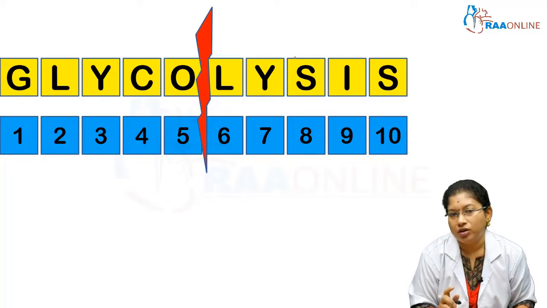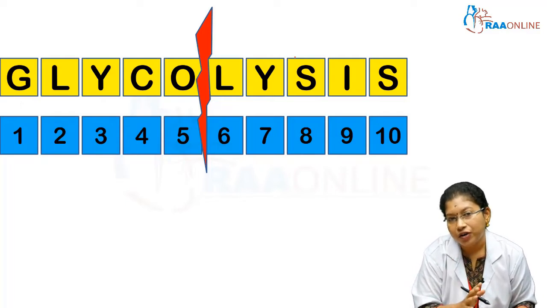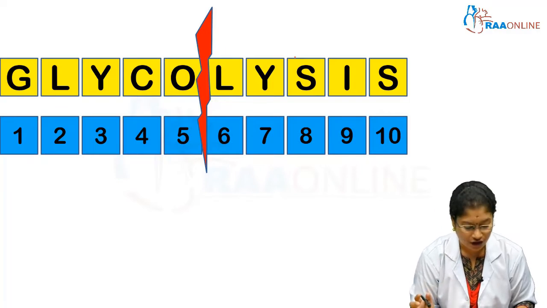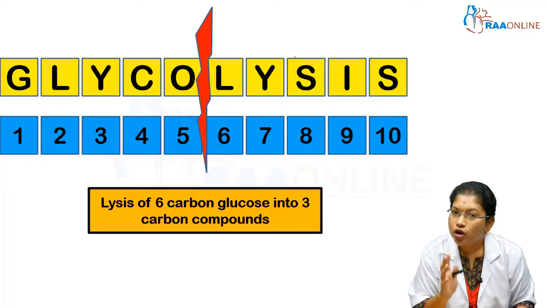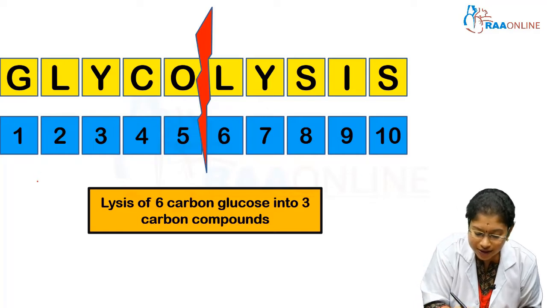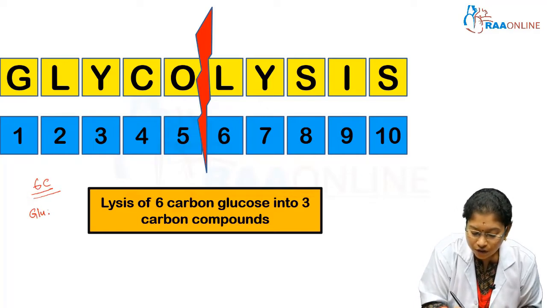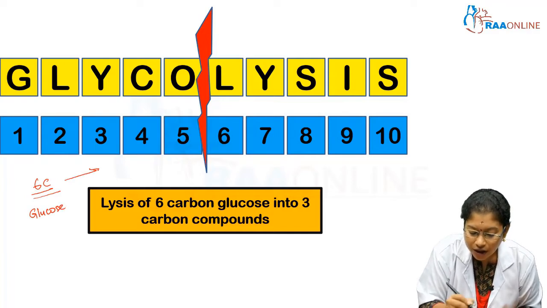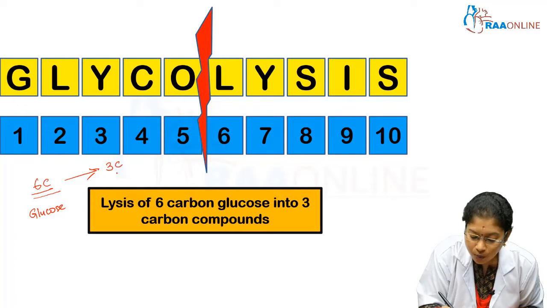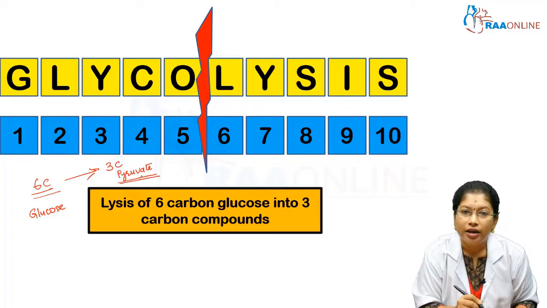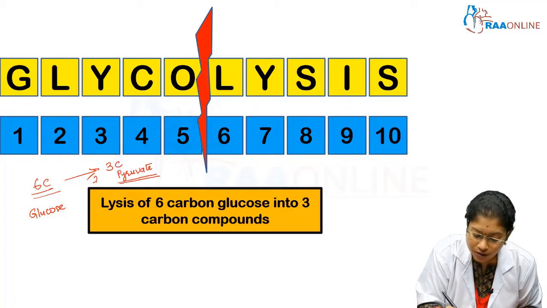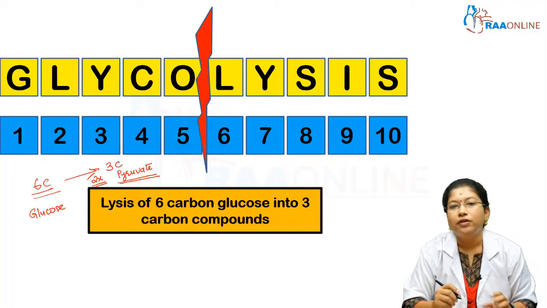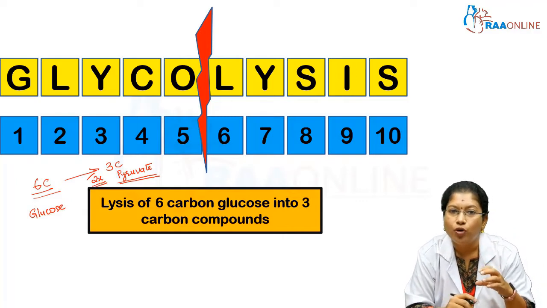There are two phases. One is called the preparative phase. The other one is called the payoff phase. Glucose, as you all know, is a 6-carbon compound, which is divided into two halves. It gives two 3-carbon compounds, pyruvate.